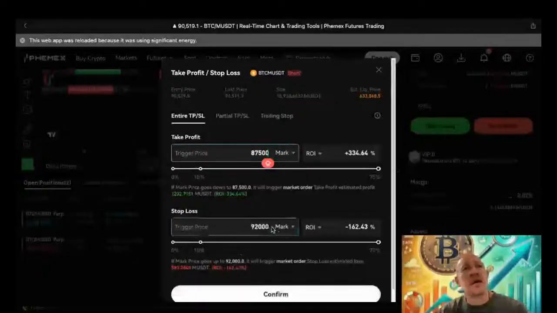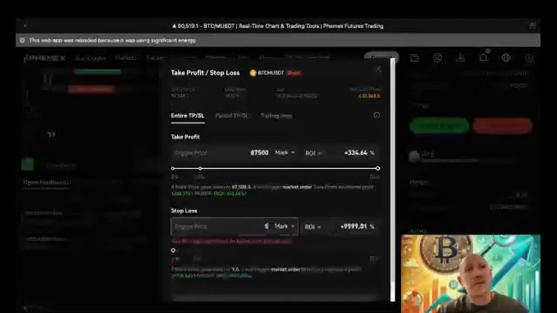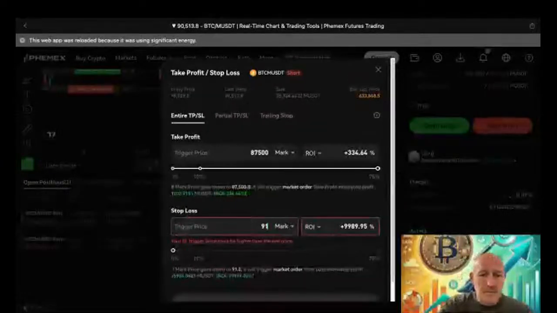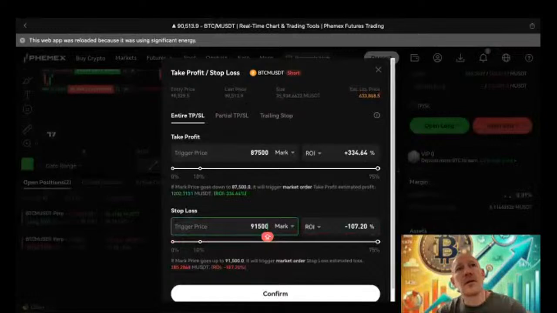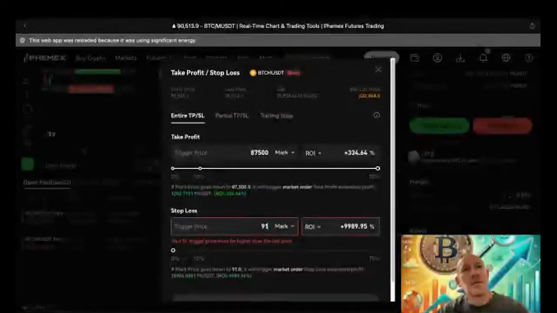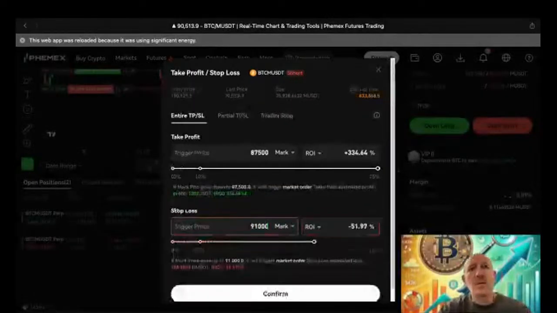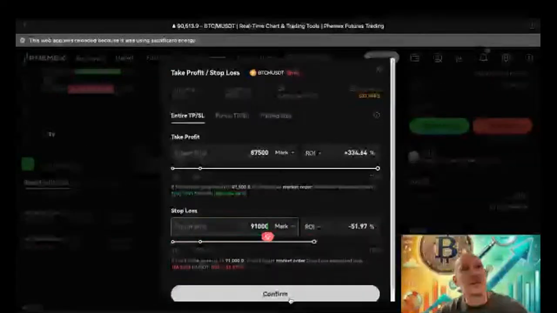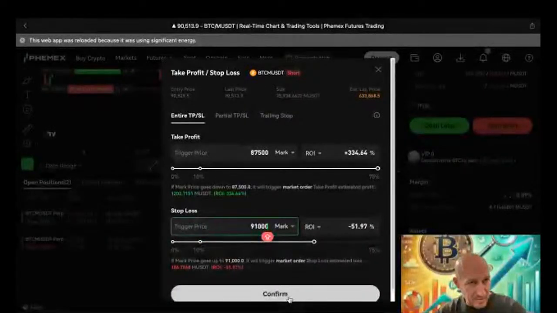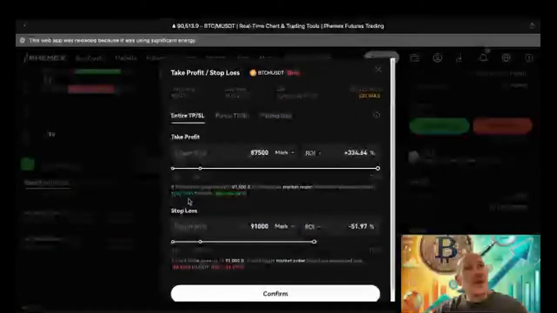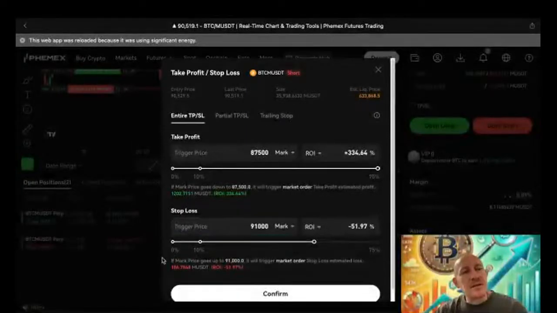Okay, we're going to go 91.5 because that's even. That's more like it. So if it hits my take profit, I make $1,200. If it hits my stop loss, I lose 186.